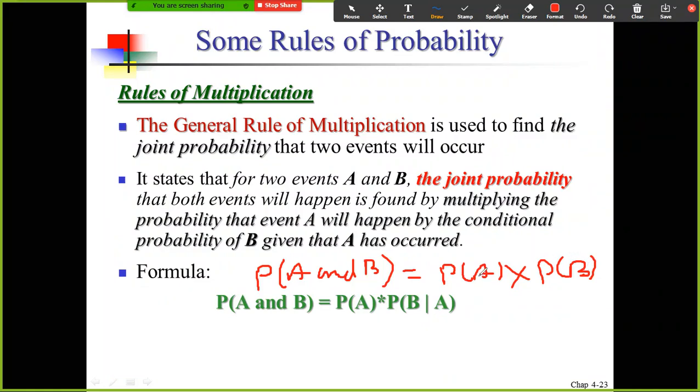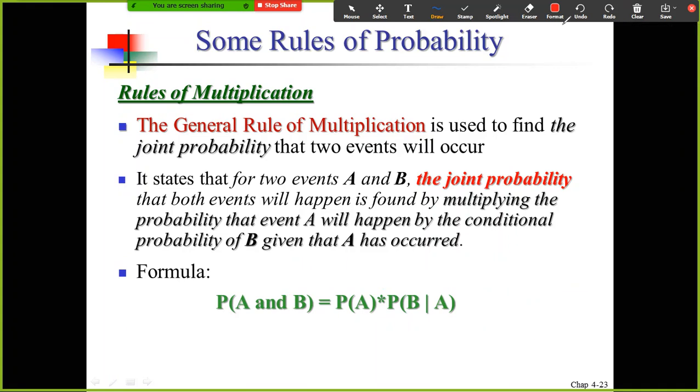If A and B do not depend on each other, they are independent. But in the general rule, A and B depend on each other. In this case, A always comes first, so A does not depend on the other, but the other depends on A. A does not depend on B or C, but B or C depends on A. Be careful. I say this many times because I don't want you to confuse it.